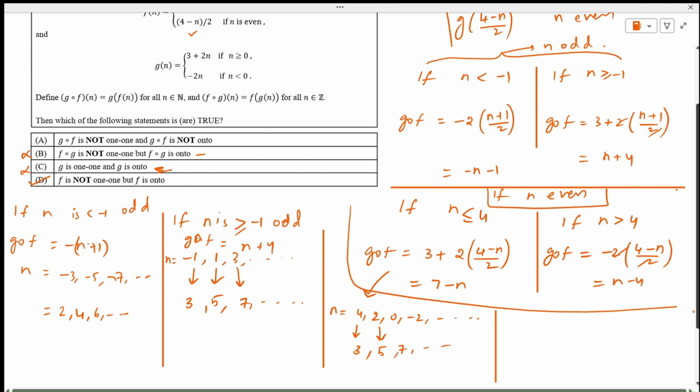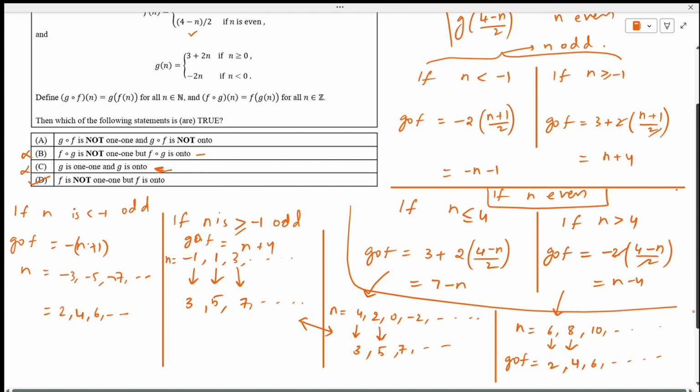So we're getting the same thing here. And now for this, n is even and greater than 4. So n can take 6, 8, 10, and so on. So g of f is, if it is 6, then it becomes 2, 8, then it becomes 4, and 6, and so on.